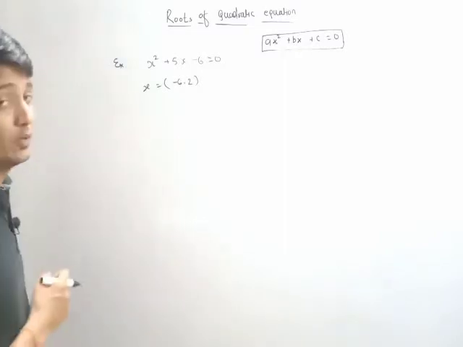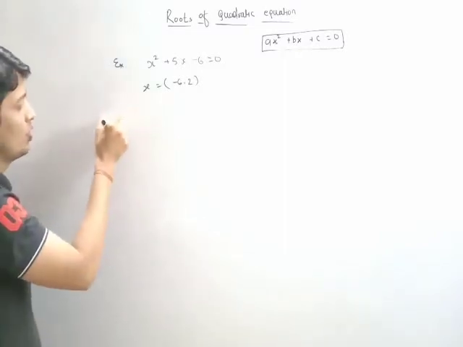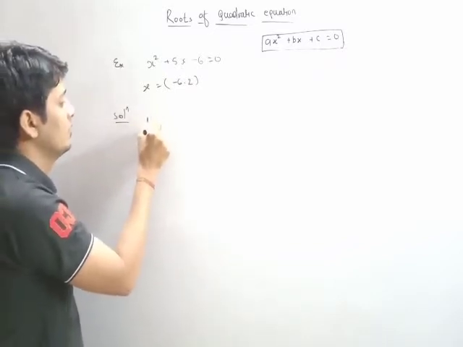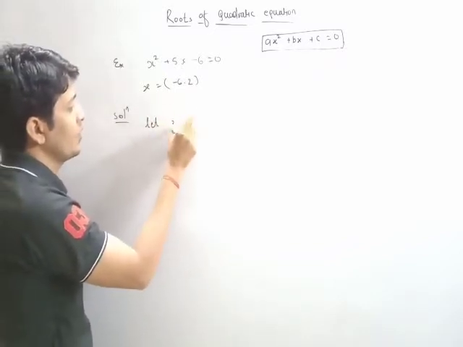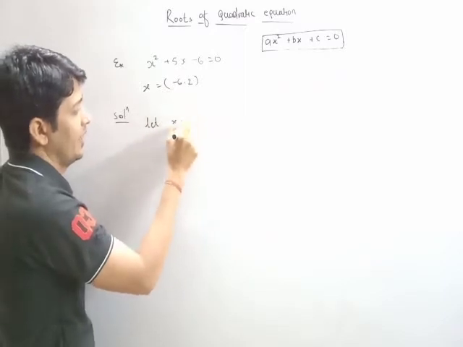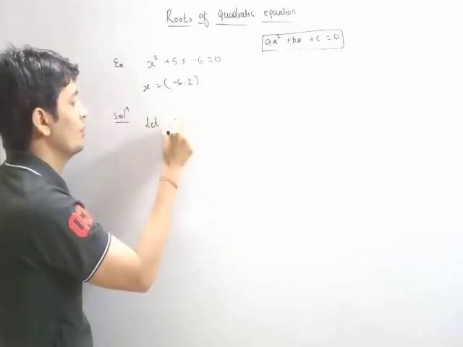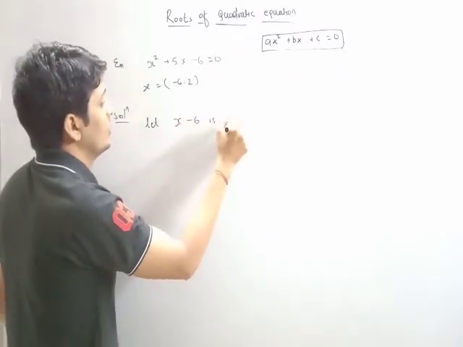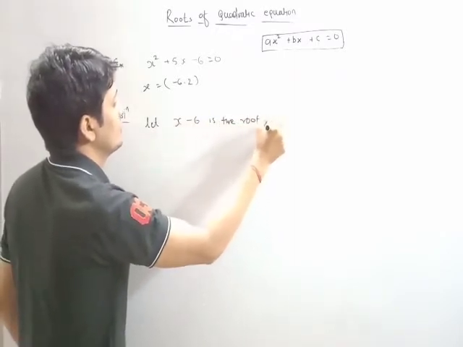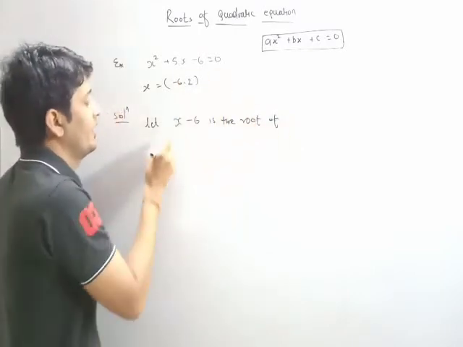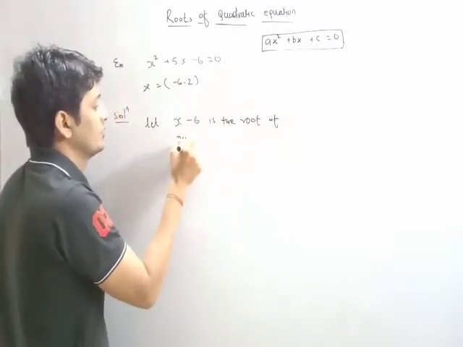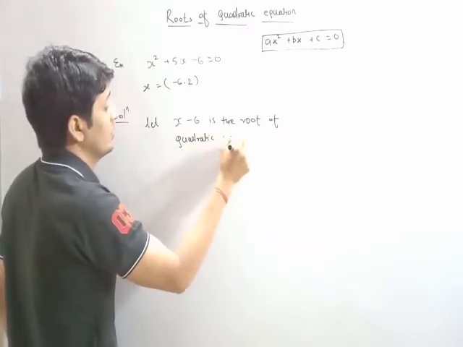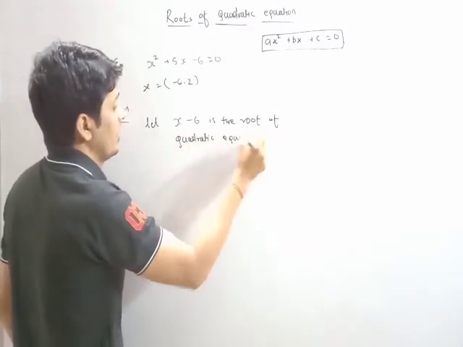Okay, so now we have to solve. Solution: let x equals minus 6 be a root of the quadratic equation.